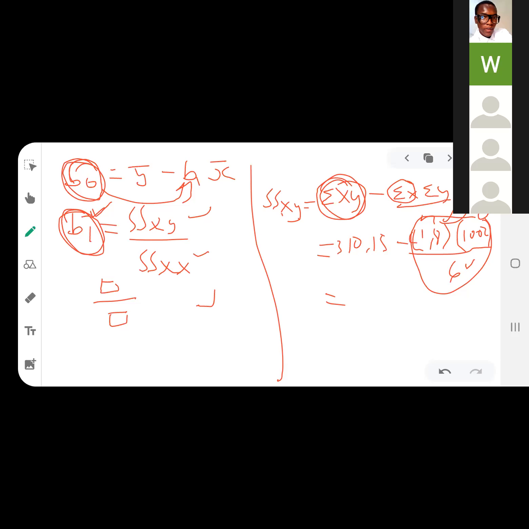So you are going to punch this value: 310.15 minus, and then ANS on your calculator, which is the button before the equal sign.